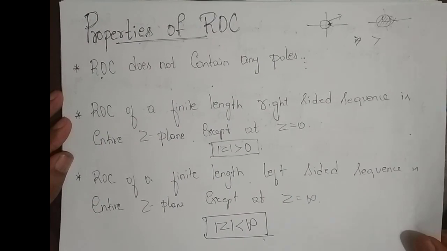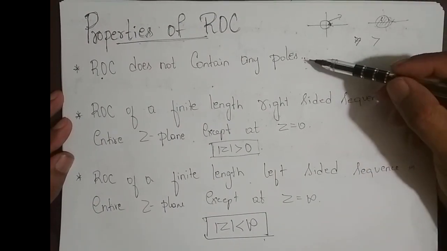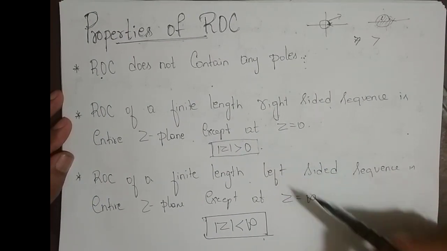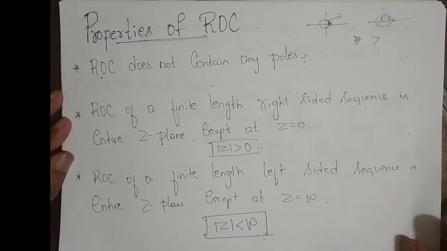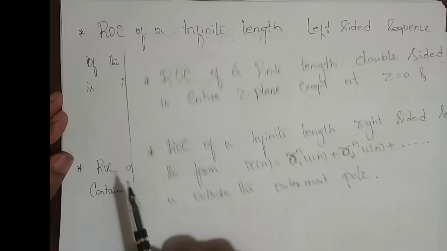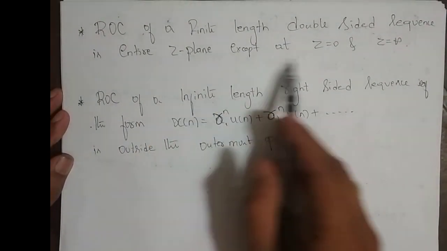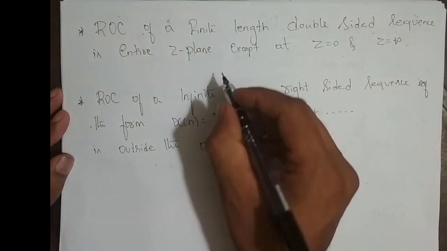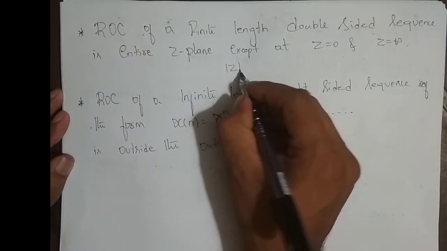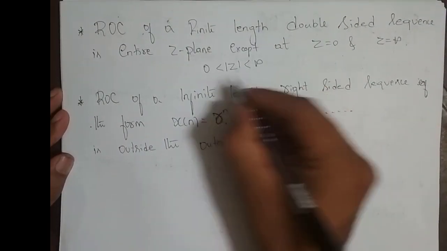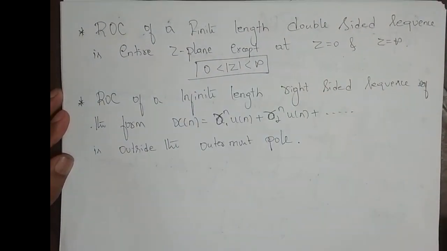This does not contain any pole. And ROC of a finite length double-sided sequence is the entire Z plane except at Z equal to 0 and infinity. It is a combination of left and right-sided sequence. So equivalently, I can write it as in between 0 and infinity.